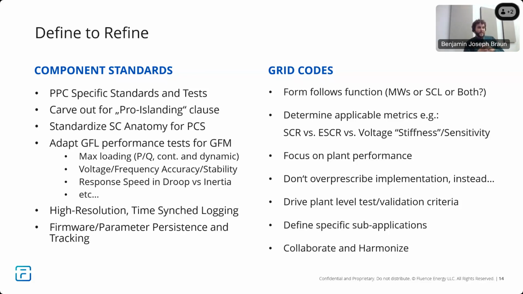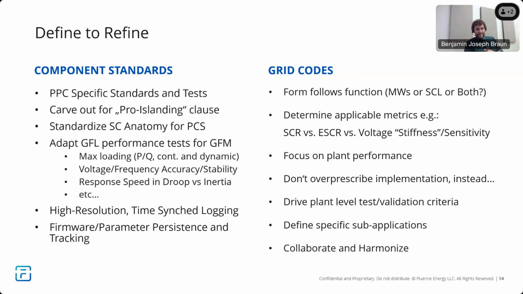DSOs, they're used to anti-islanding, and they know that in critical situations they can rely on renewables to disconnect from the grid, which allows a safer operation of their system. But moving forward, everyone can't disconnect from the grid, so we need to discuss that and figure out what is the best balance there.